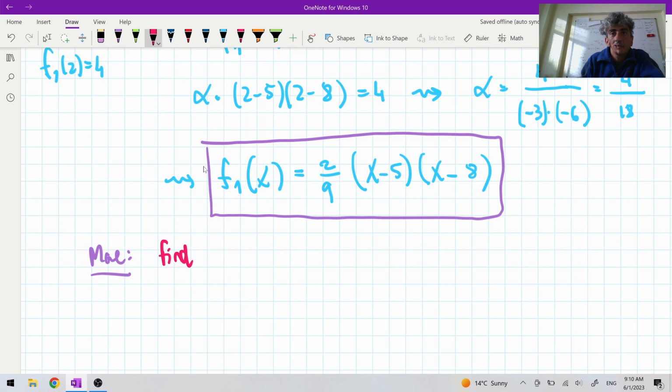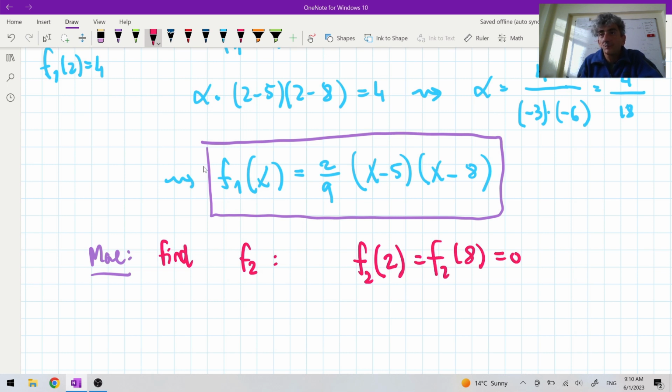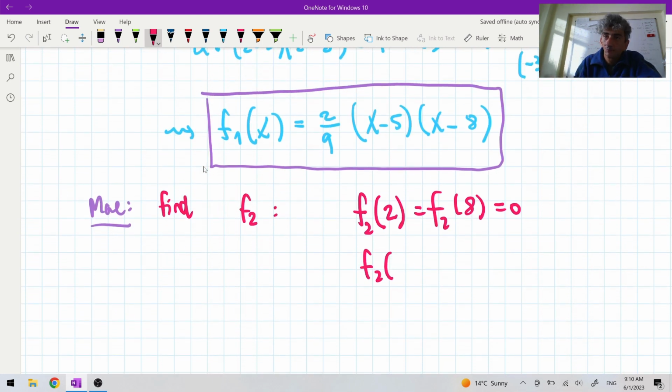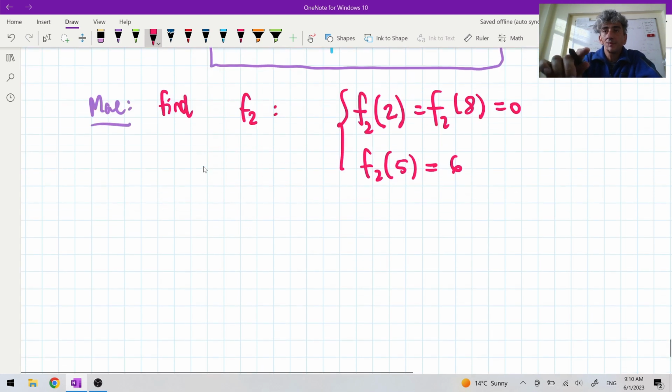Find f sub 2 such that when we plug in the value 2 and when we plug in the value 8, we get 0, and when we plug in 5, we get 6. So this is, again, easy to do.